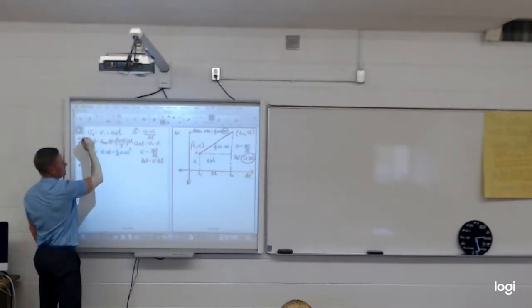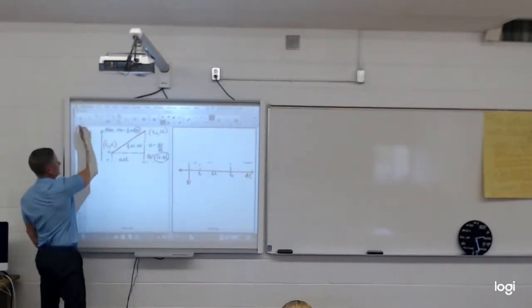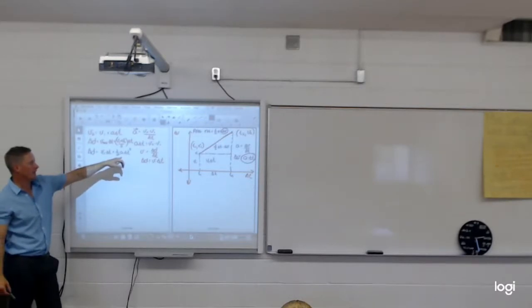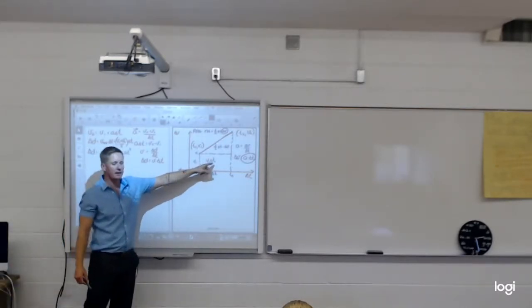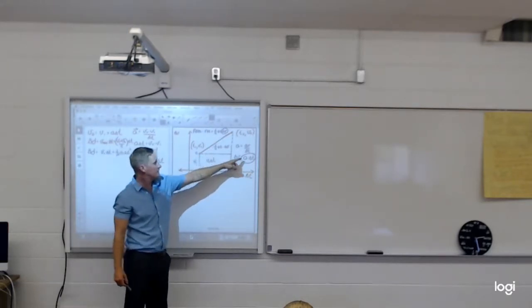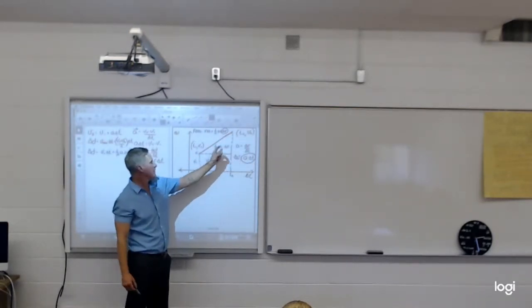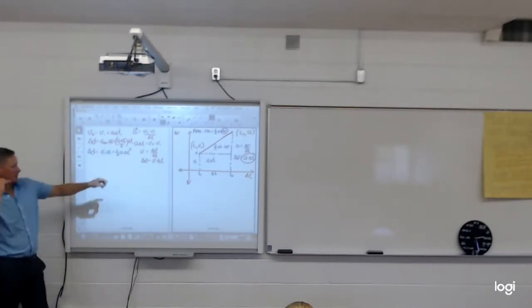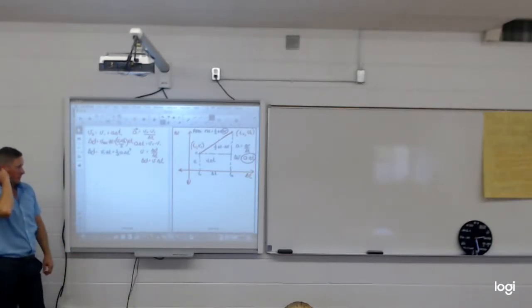So I've got d equals v1 delta t plus 1/2 a delta t squared. There's my v1 delta t, there's the area there. 1/2 t times a times t gives me 1/2 a delta t squared. So that's the equation. All right?